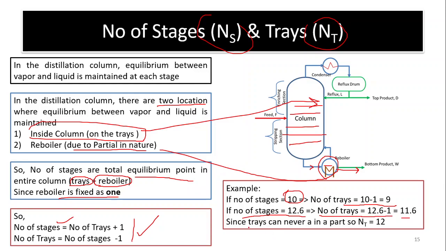But actually the trays can never be a fraction; it is always a whole number. So NT is equal to 12, if you round up the 11.6. So the number of trays is 12 in this case. This is the basic concept of the number of stages and number of trays: the differences between them, and how to calculate the number of trays if the stages are given.